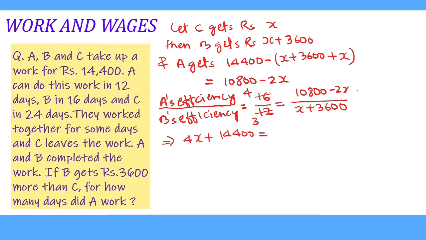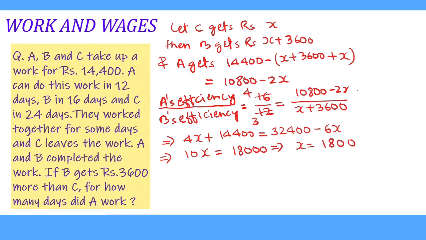This is equal to 3 multiplied by 10,800, that is 32,400, minus 2 multiplied by 3, that is 6x. On transferring 6x to LHS we get 10x. 6x plus 4x equals 10x. This is equal to 32,400 minus 14,400, which is 18,000. This gives x equal to 1,800.